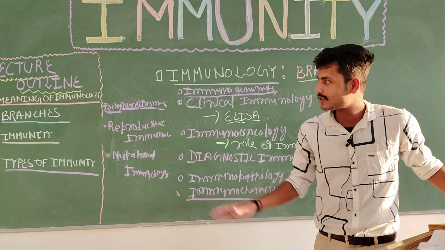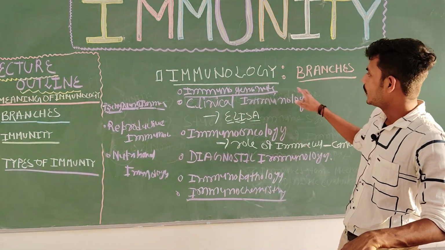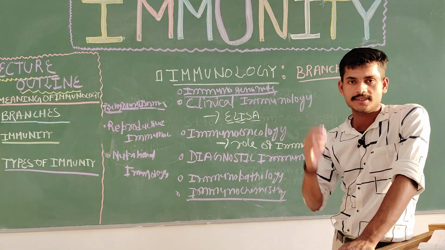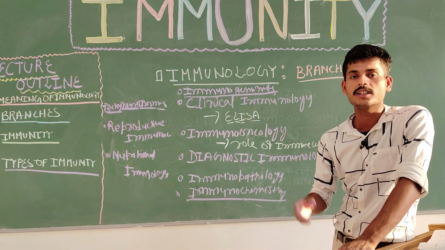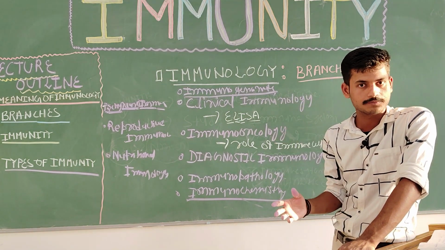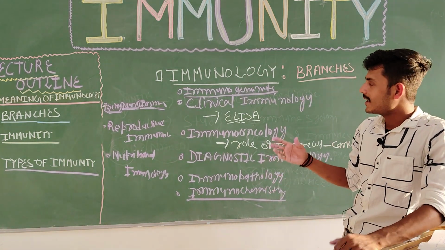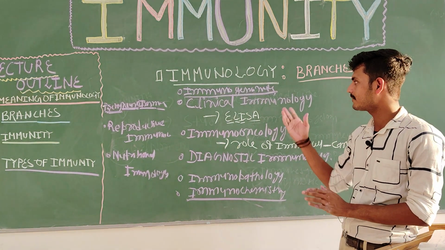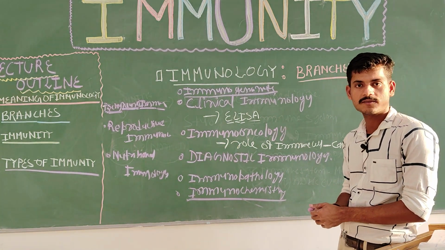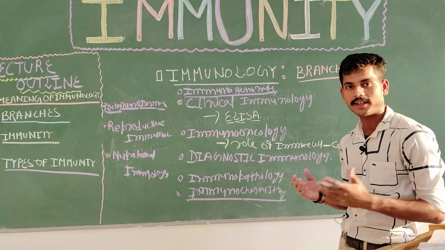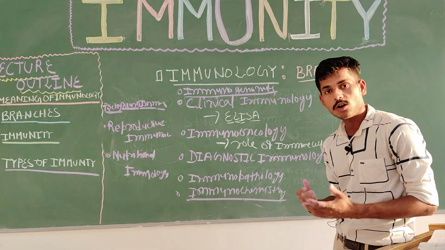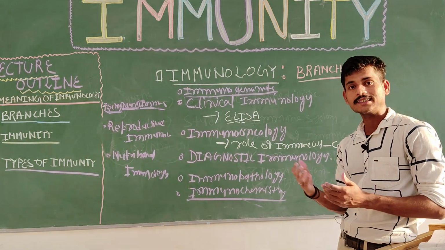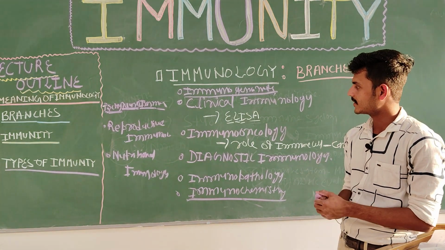Now let's recap once again and then we will move ahead. What we studied is that immunology is a branch of medicine which deals with studying the immune system as a whole. Then there are subfields of immunology, starting from clinical immunology, which deals with the role of the immune system in diseases and infections.